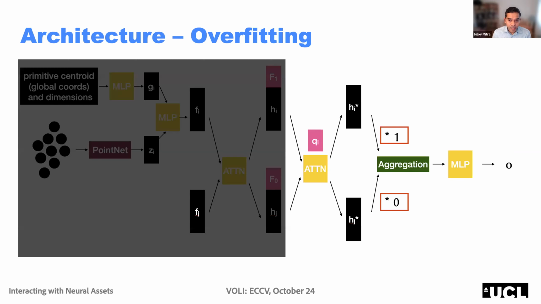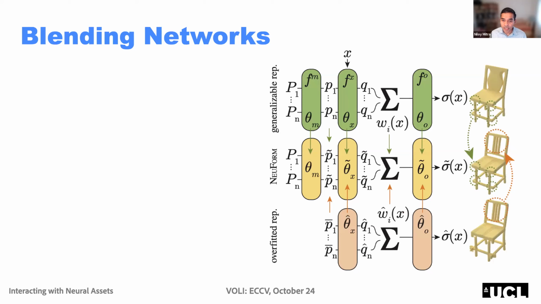So that's good. With that block done, we can use the same architecture also for overfitting. How we do this is we keep the shaded part fixed because we don't want to retrain it. We only train the attention layer to overfit to the individual examples. So this is another way of saying that there are 3 networks being learned. Really 2, the third one is blended.